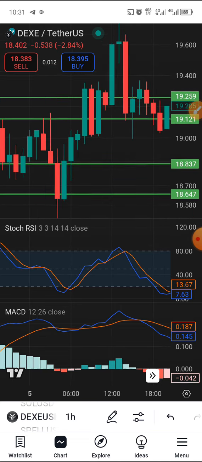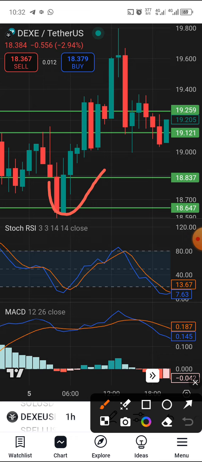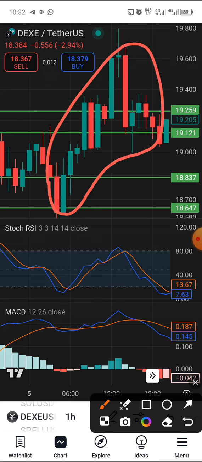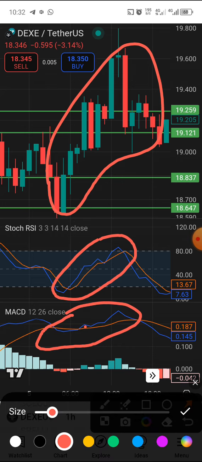So when we take this part as an example, of course, our stochastic RSI recorded that movement. Even the MACD recorded that movement.